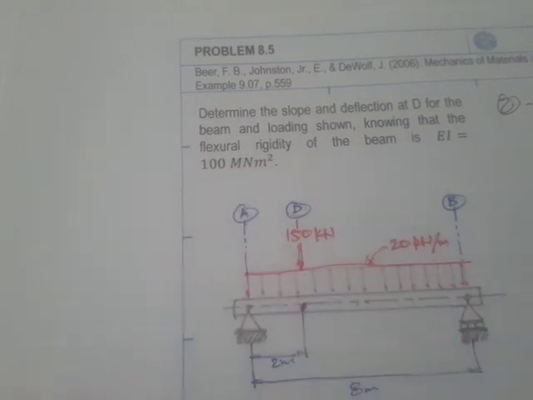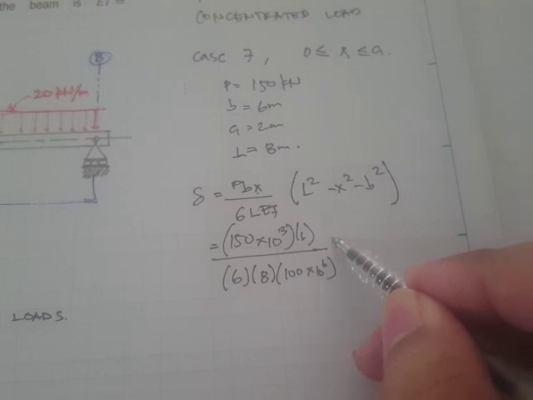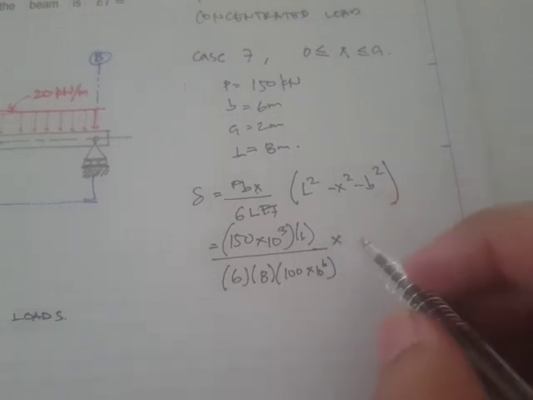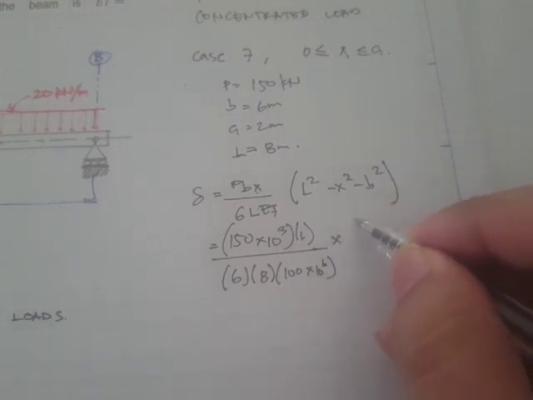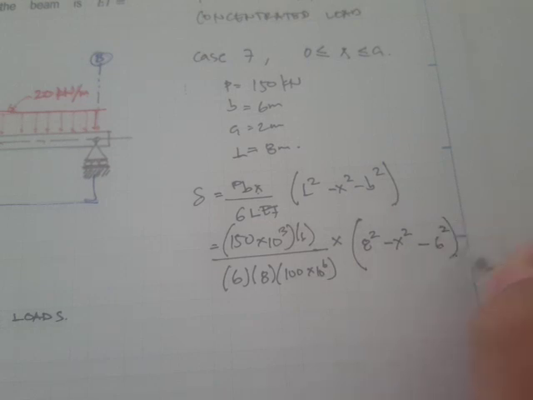And we have x right here, that's the variable x, times L squared, which is 8 squared, minus x squared minus 6 squared.